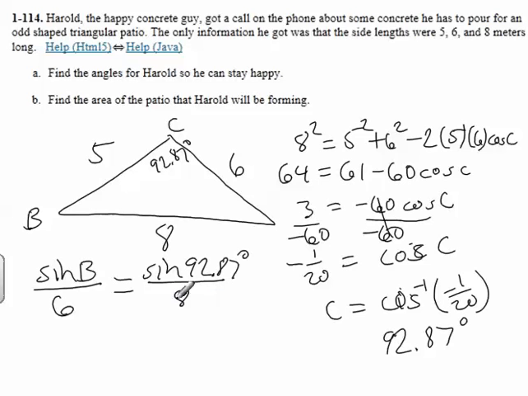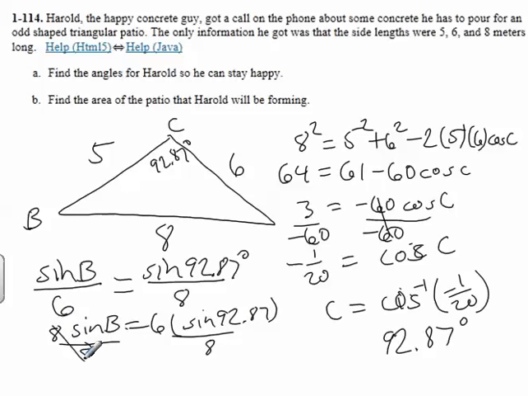Now I'm going to do the cross product. So 8 sine B equals 6 times the sine of 92.87. Divide both sides by 8. So sine of B is this value, and then I'm going to need to do the inverse sine of that.